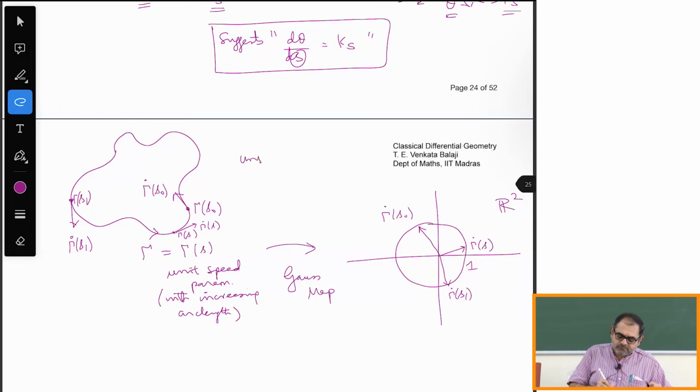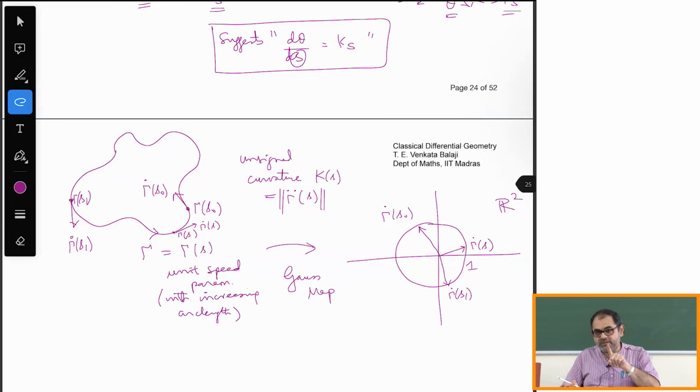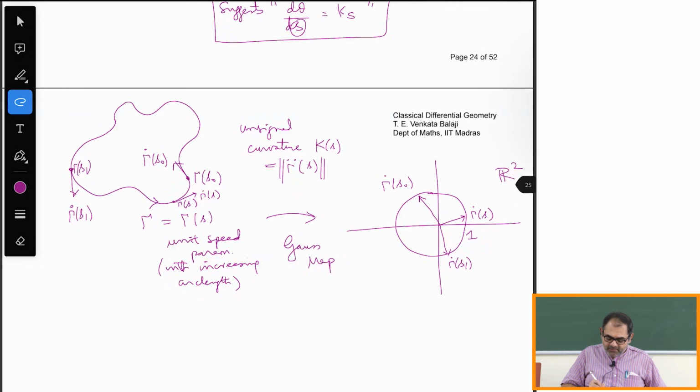So the unsigned curvature kappa is the norm of gamma double dot s. It is the magnitude of the acceleration, but you have to be careful, you should take only the acceleration of a unit speed parameterization.